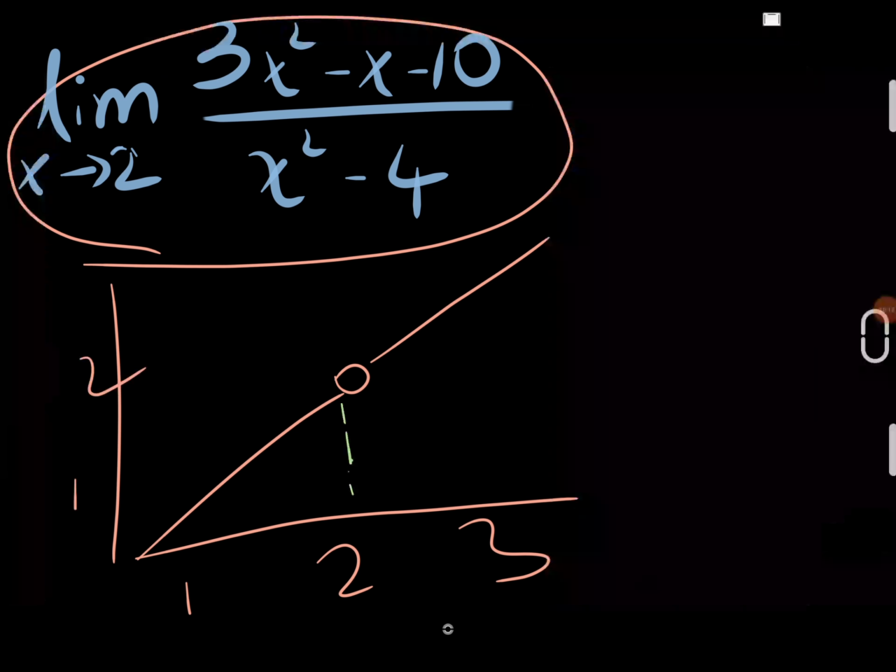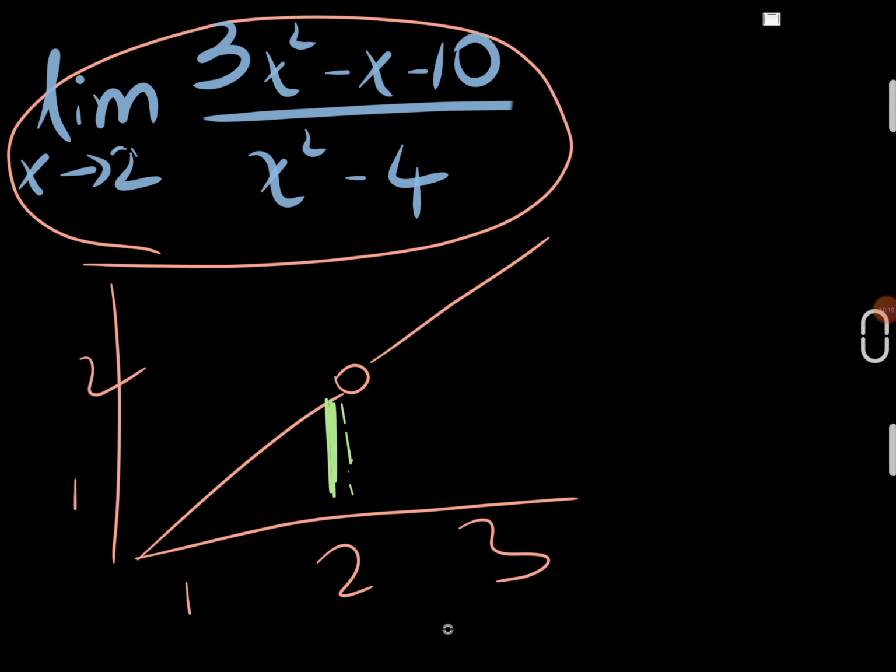So what I do is I go and see the values very close to 2, nearby 2, and I see what value it approaches. From this side and from this side I can see that the answer approaches 11 by 4, but it actually doesn't reach there, because at 2 it is divided by 0. So sorry, 11 by 4. You get it? So this is what the concept of limit shows us.